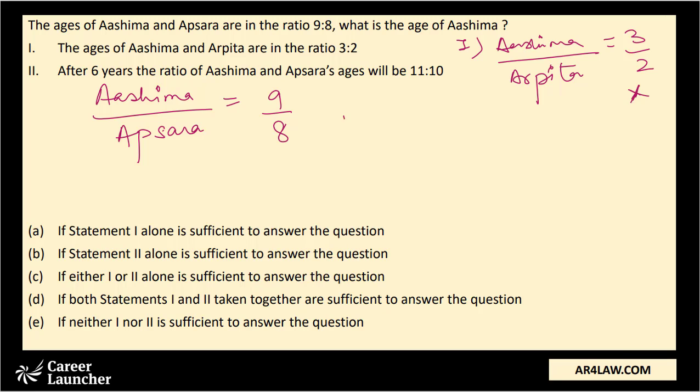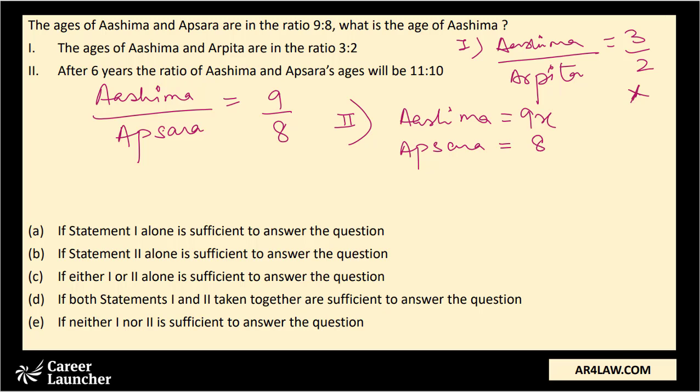When we look at statement 2, which says after 6 years the ratio of Ashima's and Apsara's ages will be 11:10, let's see if this can help us reach an answer. In the problem statement, the ratio is 9:8, so let Ashima's age be 9x and Apsara's age be 8x.